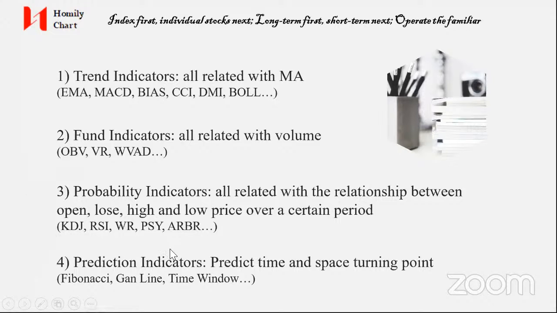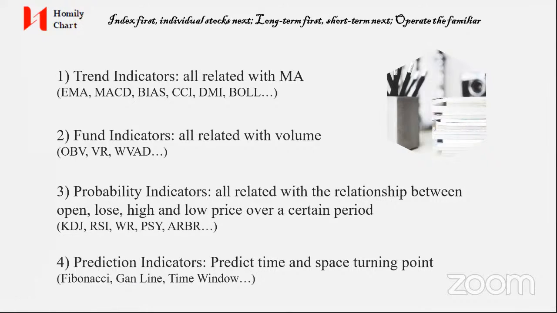All these indicators are studying the relationship between the 4 prices of a trading day over a certain period. Okay, and then prediction indicators can do some prediction for time and space, finding the turning point in terms of time and space. So we have Fibonacci, right? We have the Gann line, we have time window.